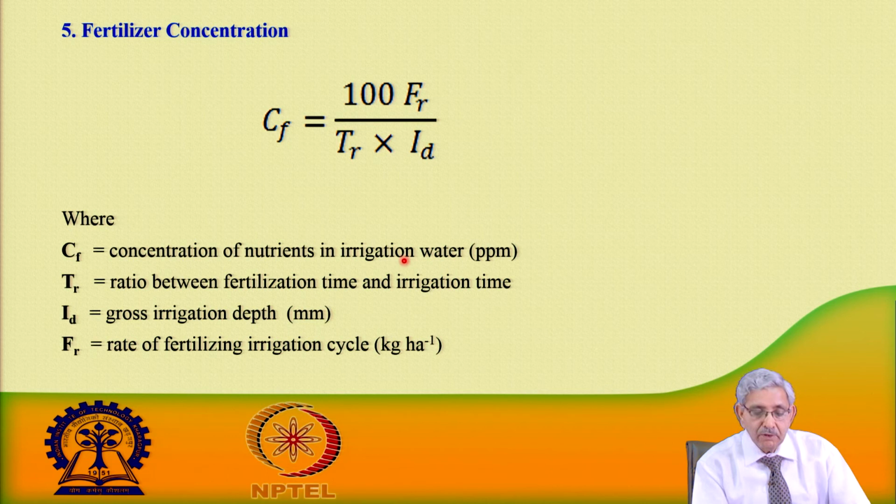Here the fertilizer concentration is in ppm, Fr is the rate of fertilizer per irrigation cycle in kilogram per hectare, Tr is the ratio of fertilization time to irrigation time, the time ratio, and Id is the gross irrigation depth in millimeter.